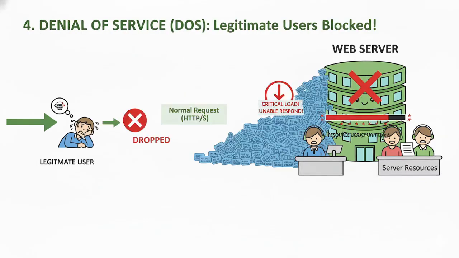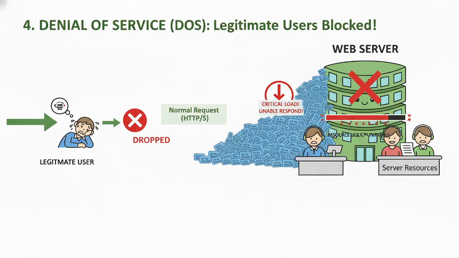Now let's see the last step, denial of service. Here we arrive at the last step, legitimate users blocked. This slide encapsulates the ultimate consequence of such an attack. Our legitimate user trying to make a normal HTTPS request finds their connection completely dropped. The server is under critical load and simply unable to respond to any new or existing connections, let alone process them.